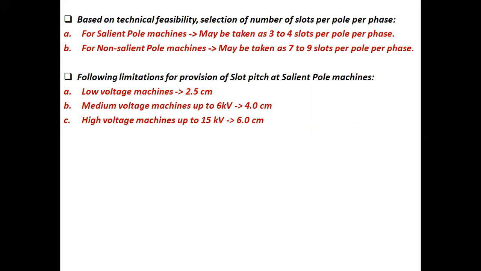The following limitations apply for provision of slot pitch in salient pole machines: low voltage machine, 2.5 centimeter slot pitch; medium voltage machine up to 6 kV, 4 centimeter; high voltage machine up to 15 kV, 6 centimeter.